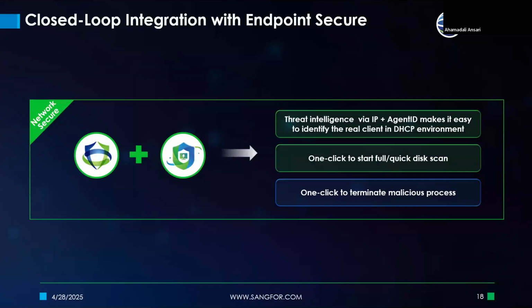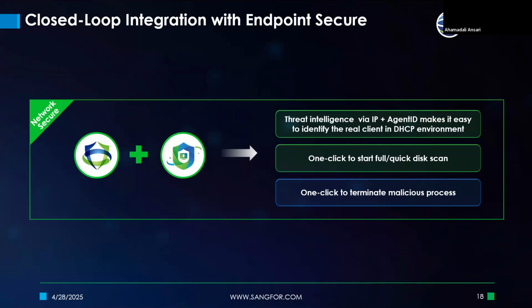And then closed loop integration: you can integrate the threat intel via IP plus the agent ID, to identify the real client in your DSCP environment. Now, this comes when there is huge traffic running on a certain machine, when there is a DoS attack or DDoS attack from a certain environment, and you want to understand whether it is an internal machine, and which machine it is.